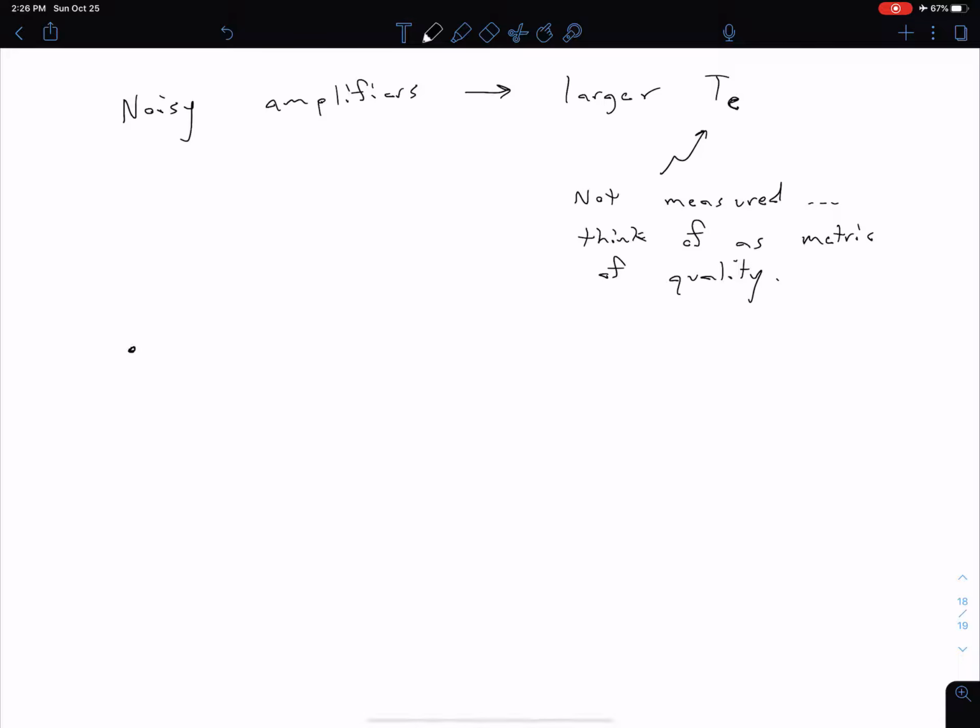If we go back to the 1940s, when of course this type of technology was relatively new, our T sub E values for amplifiers could be on the order of several thousand Kelvin.